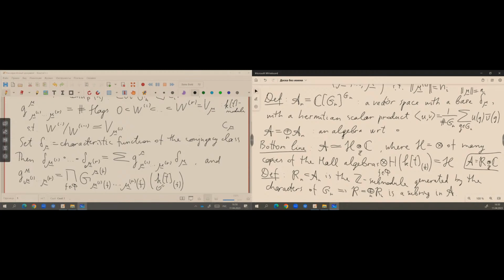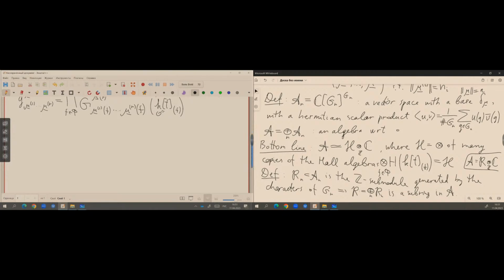This will be the same argument as in the Frobenius case, but somehow we will need some integral structure. So it will be important to identify this Z subring inside of this complex valued ring. And this difficulty is missing for symmetric groups. So this is the only new feature.